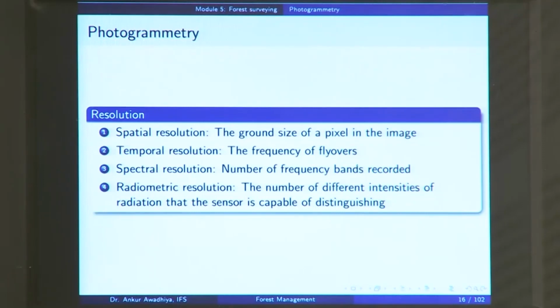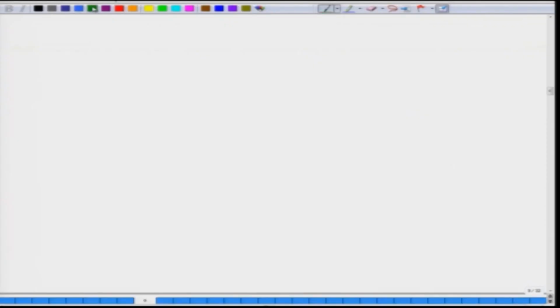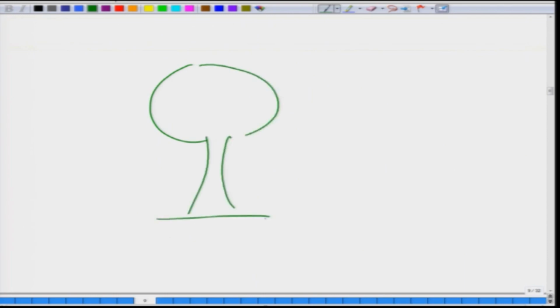Now, the fourth resolution is the radiometric resolution, or the number of different intensities of radiation that the sensor is capable of distinguishing. So, what we are saying here is that you had this tree. Now, suppose you are taking a black and white photograph.